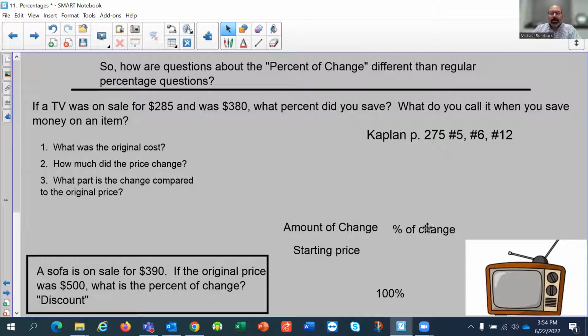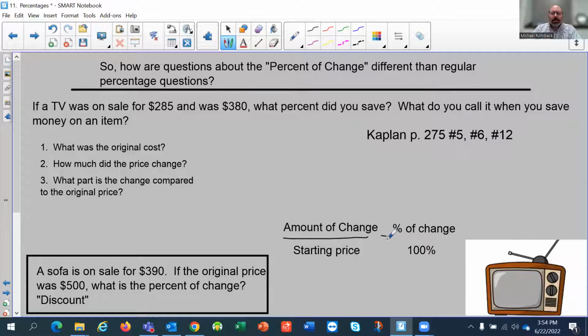You're going to have these four parts to it, and this is going to be what your proportion looks like, because you're trying to find what is the percent that an item changed in price. Generally, this has to do with money. So we're going to talk about changes in price. It could be changes in weight if somebody's on a diet or if they gained weight.